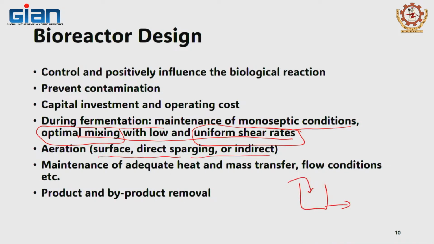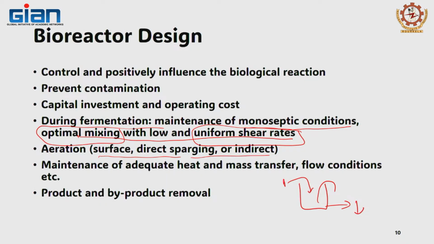It has to be maintained in such a way. You cannot have a lower output, higher input, because then your reactor will overflow, correct? So you have to maintain that optimal balance, so that your cellular growth is maintained within the reactor at all time. The products and the byproducts removal is also there, to maintain the optimal conditions within.